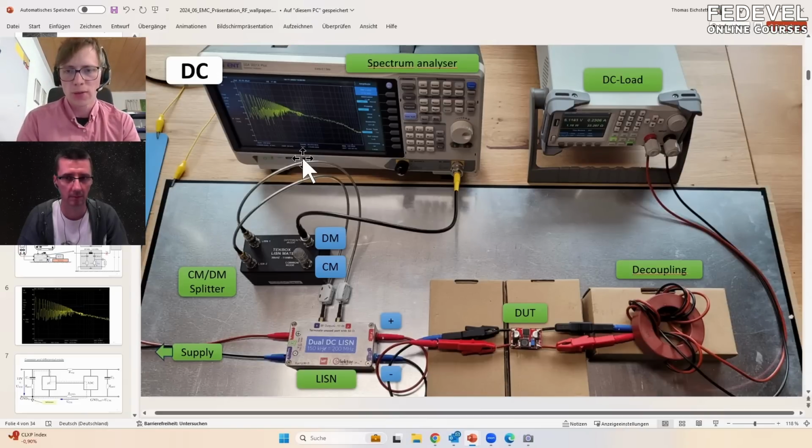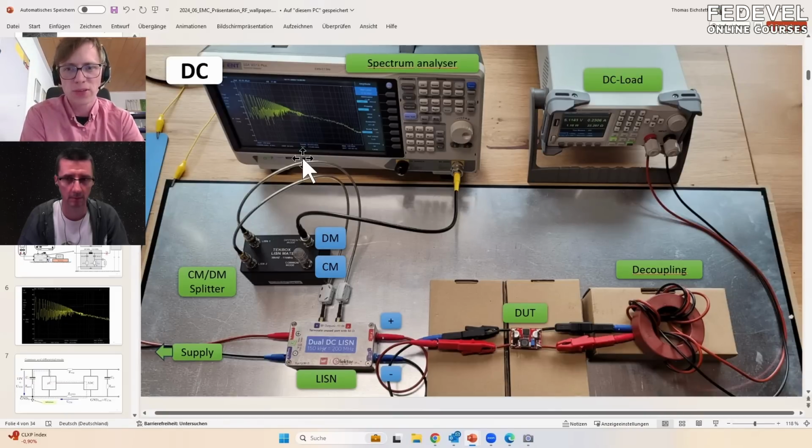Then you need a certain filter bandwidth, which is the same as in the lab. And there are different kinds of detectors inside. The most important are the average detector, which looks just at the average of the signal, and the quasi-peak detector. But the quasi-peak detector takes a lot of time to measure one point, because the filter inside takes a while to swing in.